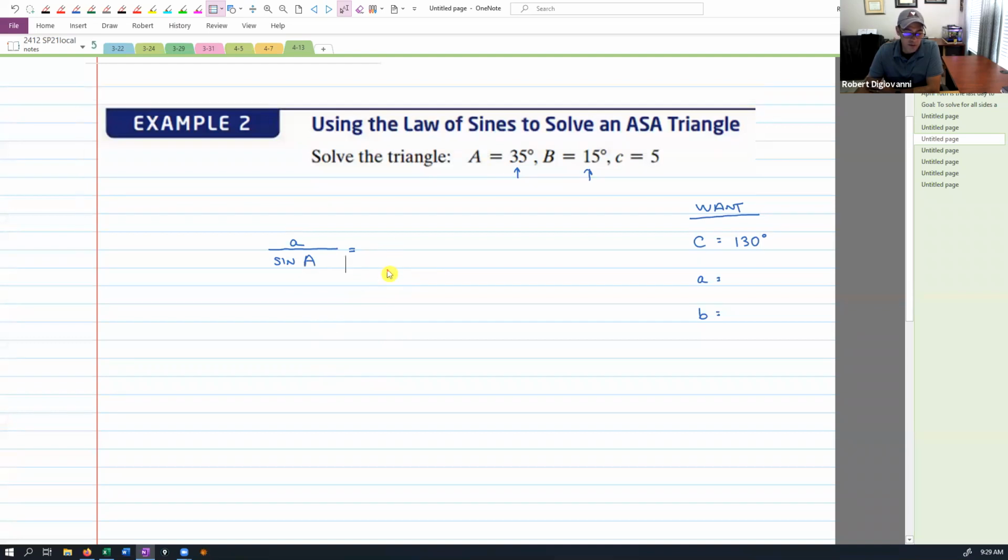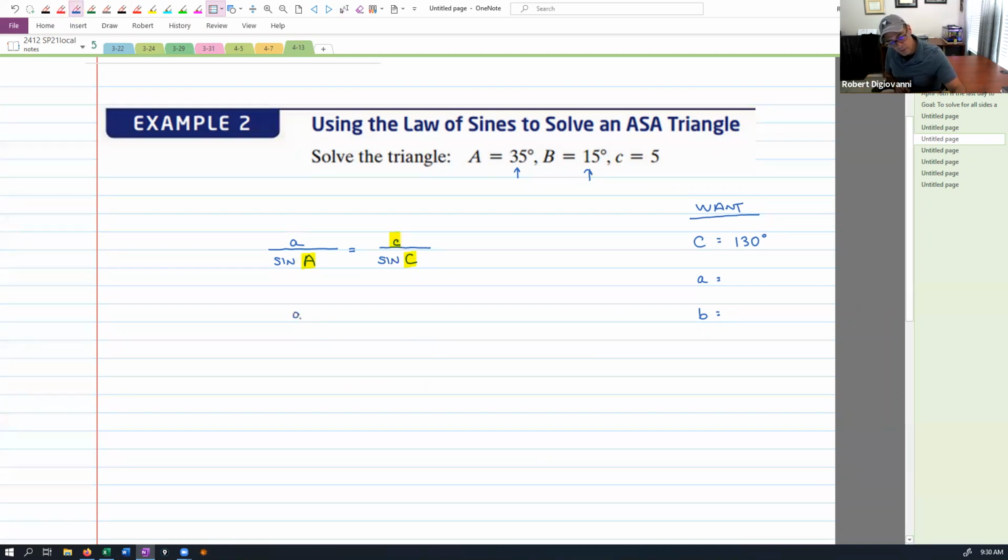We can use b over sine of B, or c over sine of C. We have to use c over sine of C, because we only know little c. I'm going to highlight in yellow the things we know: capital A, capital C, and little c. So we should be able to find little a.